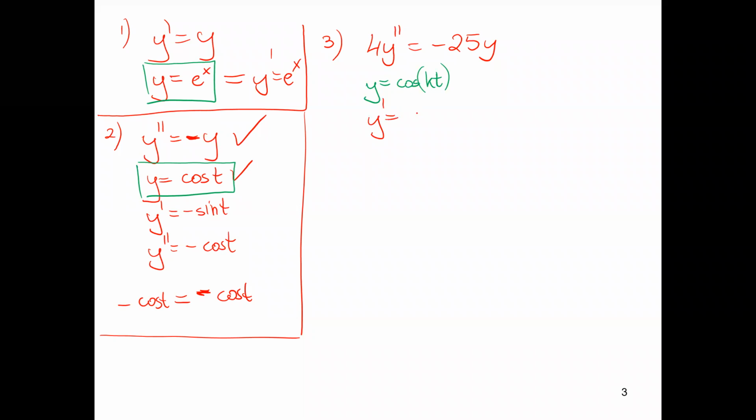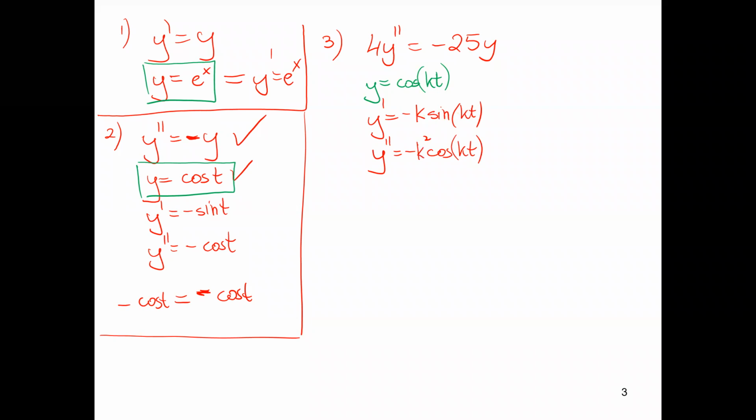The derivative of cosine of kt is negative sine of kt times k. Follow the chain rule. And the second derivative of negative k sine of kt: the derivative of sine is cosine of the same angle, kt, and times another k, it will be k squared.